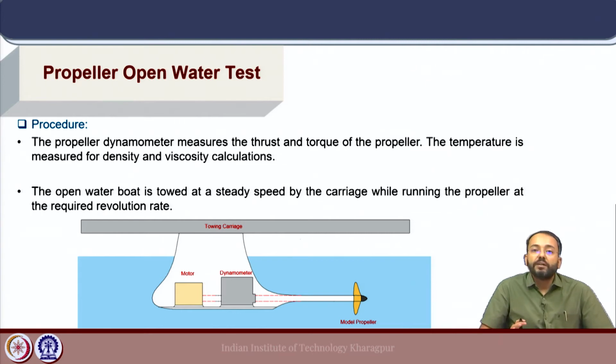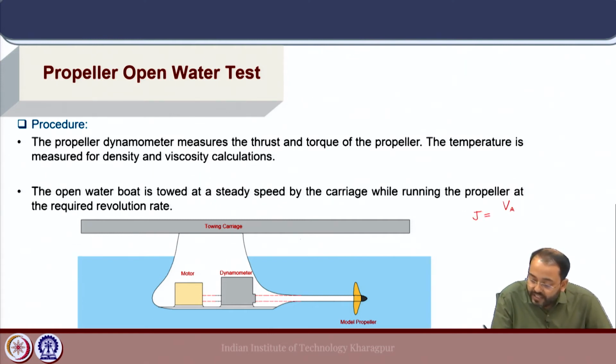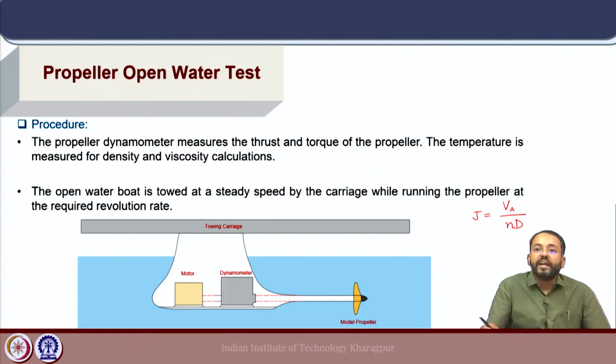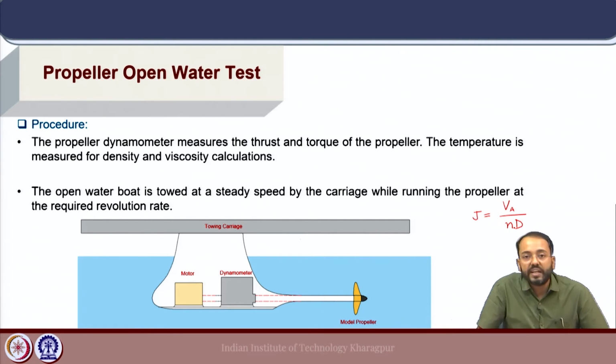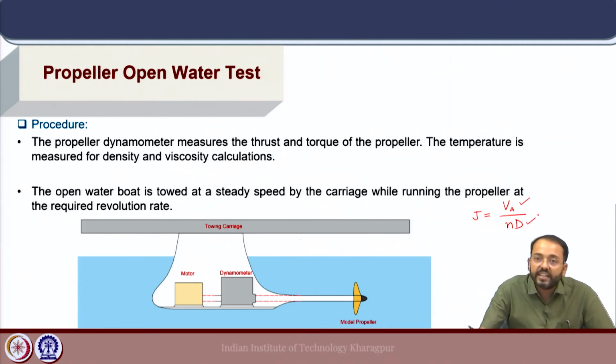So, in the open water characteristics curve, we have seen that the advance coefficient J is given by VA, the velocity of advance, divided by ND, where D is the diameter of the propeller and N is the rotational speed. So, we have to get the thrust and torque for different advance coefficients, which is a combination of the forward speed and the rotational speed multiplied by diameter.